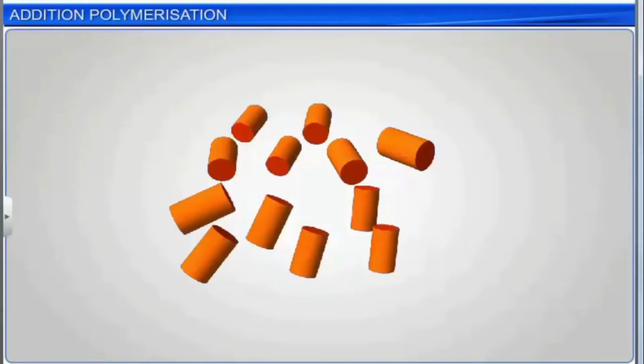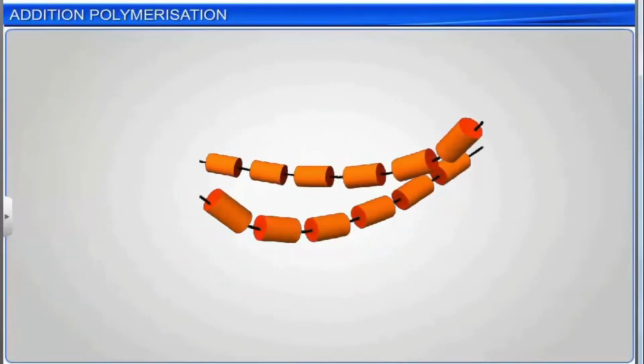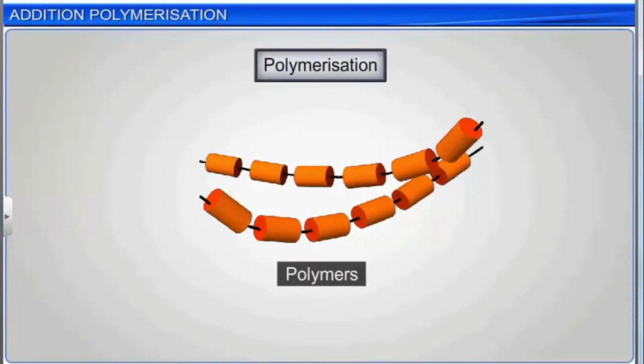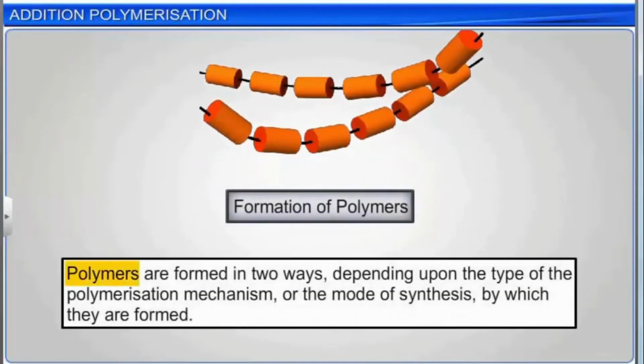You already know that the process of joining many small molecules or monomers together to form very large molecules or polymers is called polymerization. In general, polymers are formed in two ways, depending upon the type of the polymerization mechanism or the mode of synthesis by which they are formed.